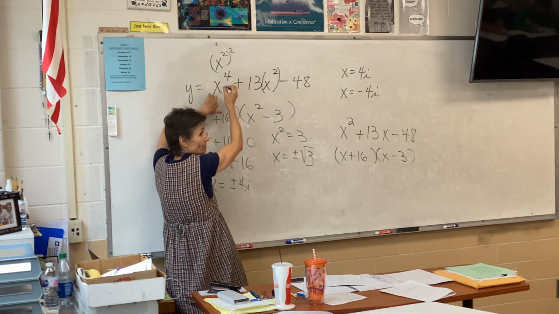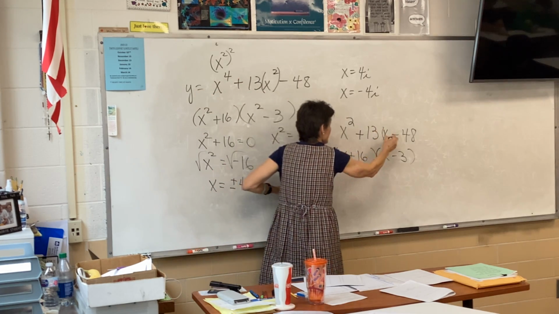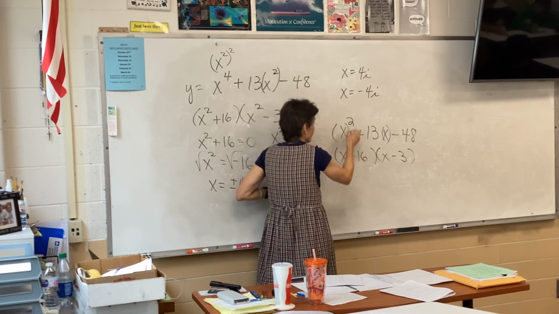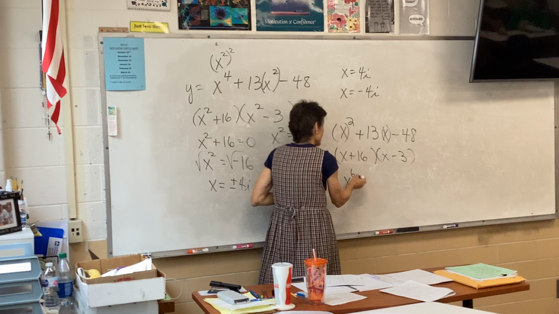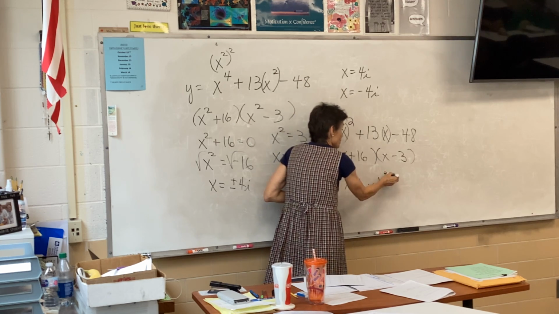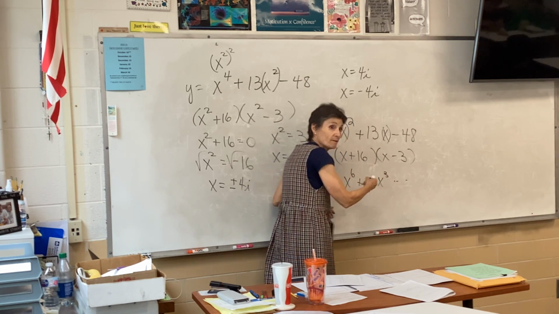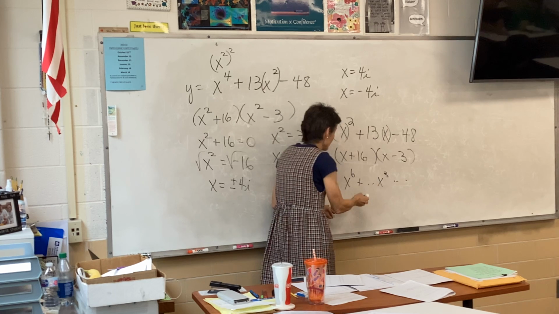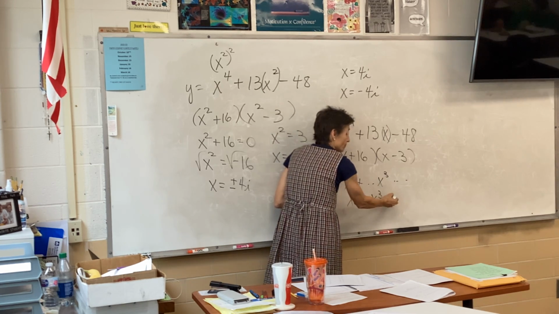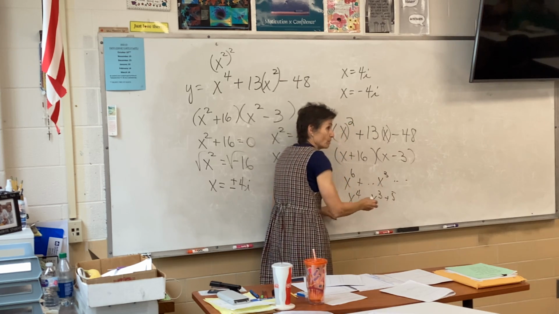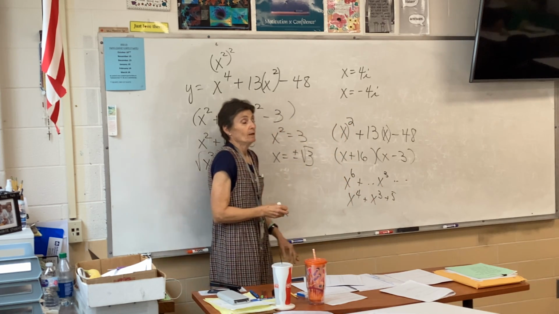You see that? Just like whatever you have here, it's right here, but it's squared. So you could have an x to the 6th, x cubed, that would be quadratic form. But this would not be quadratic form. That's not quadratic form. You see that? Okay.